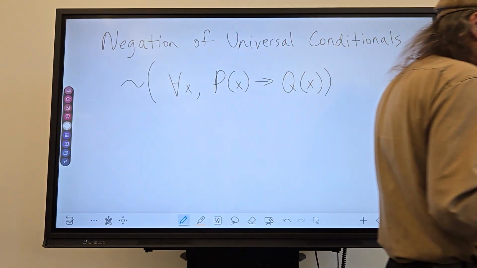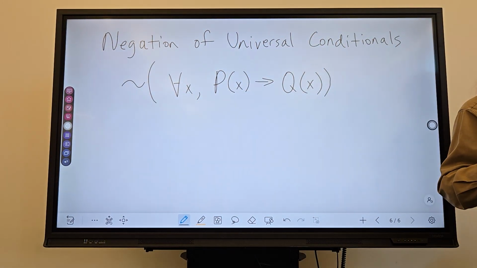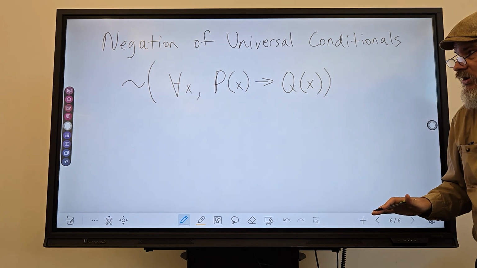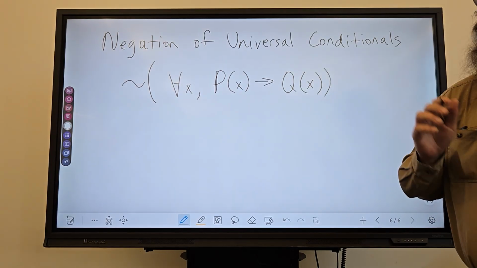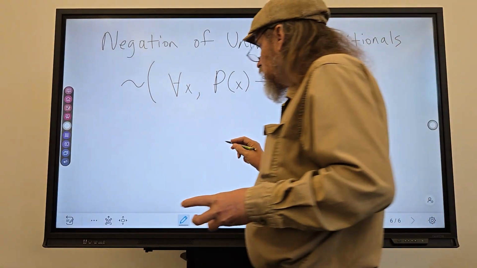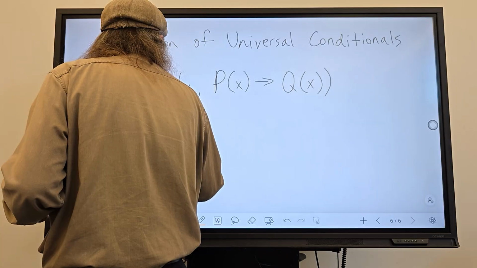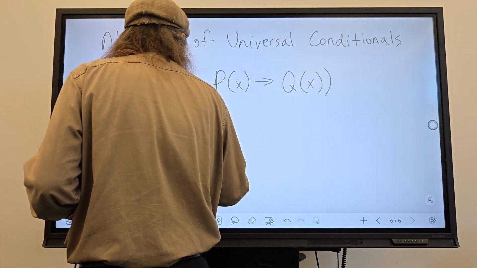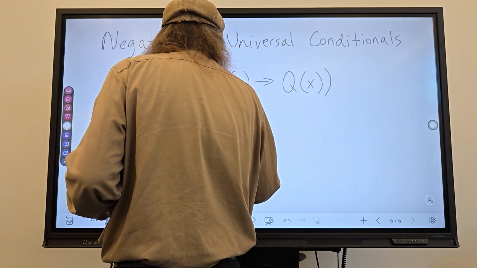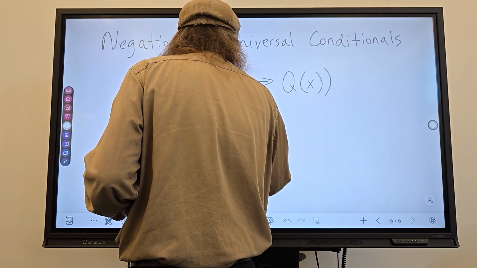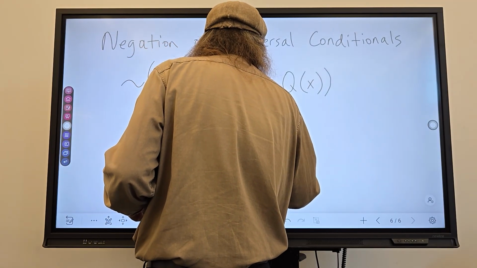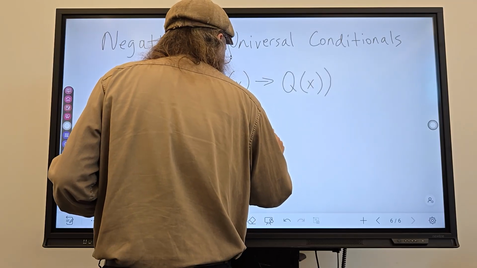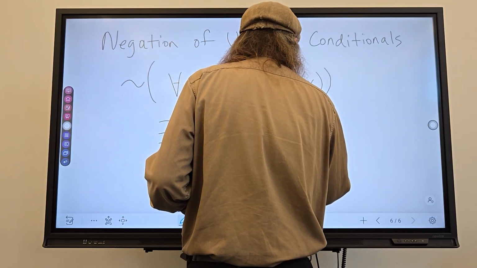Now, what we already covered is a negation of a universal statement is an existential statement. So it would be there exists an x such that not (P of x implies Q of x).